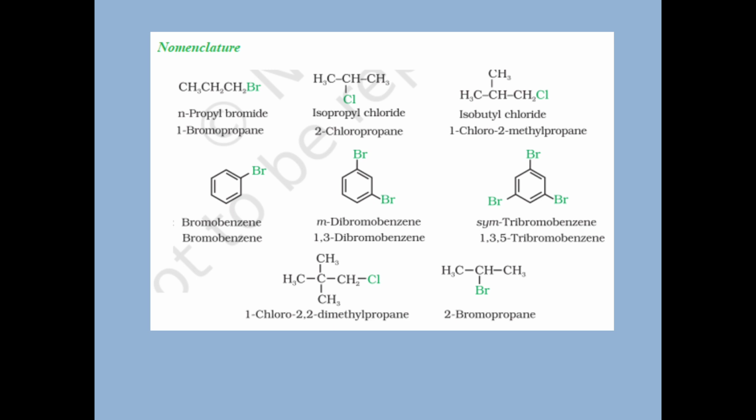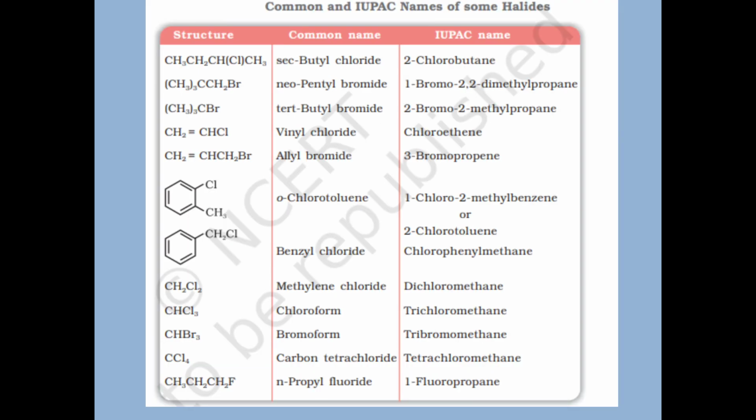Fourth one is 1,3-dibromobenzene or meta-dibromobenzene, or sym-tribromobenzene or 1,3,5-tribromobenzene. Next one is 1-chloro-2,2-dimethylpropane, and the last one is 2-bromopropane. These are the columns of the structure, common name and IUPAC name.